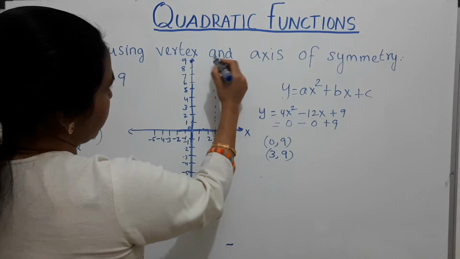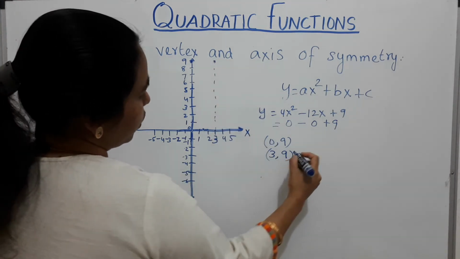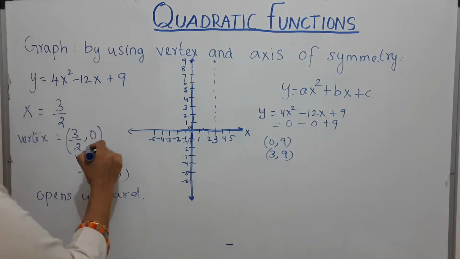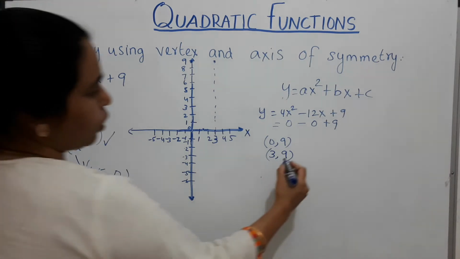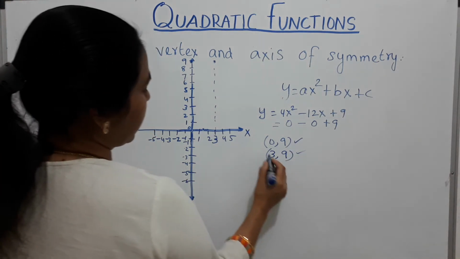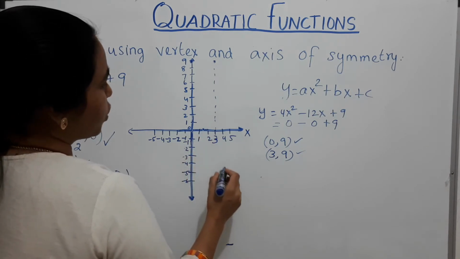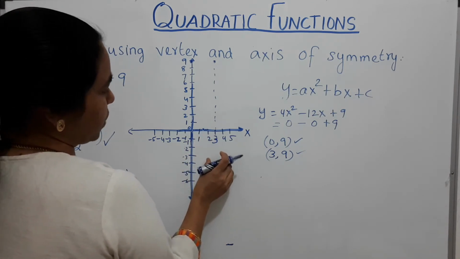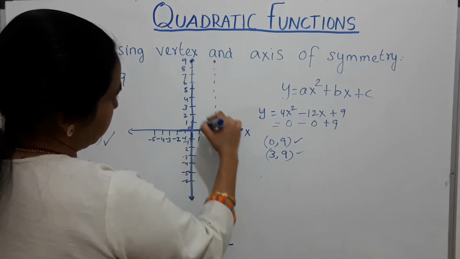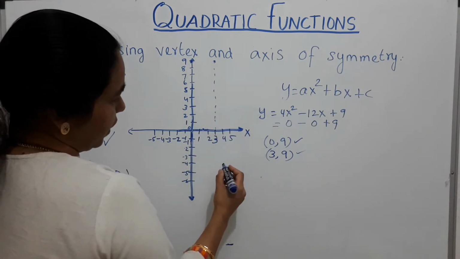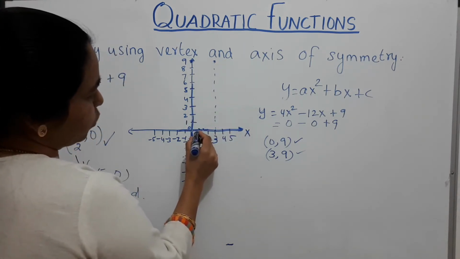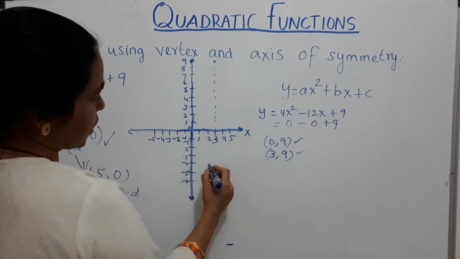So you have the vertex, that is one point, and also these 2 points, so that you can make a parabola. But if you want the shape to be very nice, then you can find one more point, which is x is equal to 1.